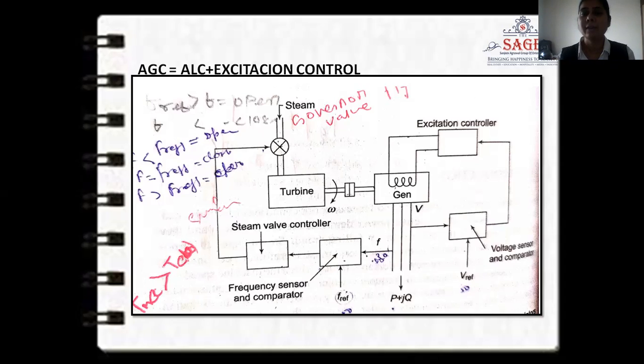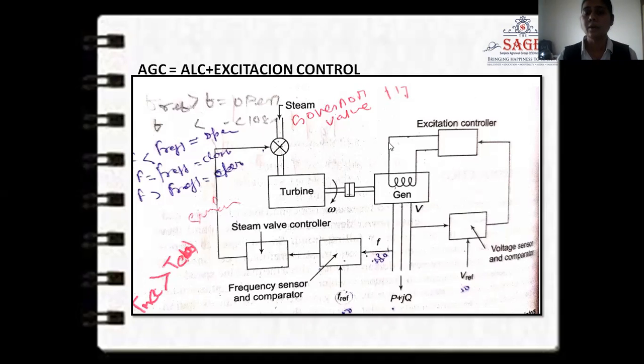If the generated frequency is less than the reference frequency, the steam valve opens. If the generated frequency is equal to the reference frequency, the steam valve closes. If the generated frequency is greater than the reference frequency, the steam valve will close.